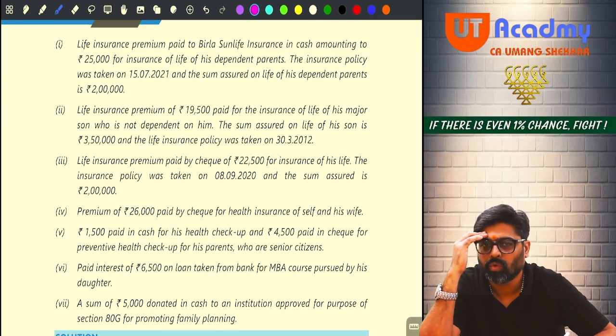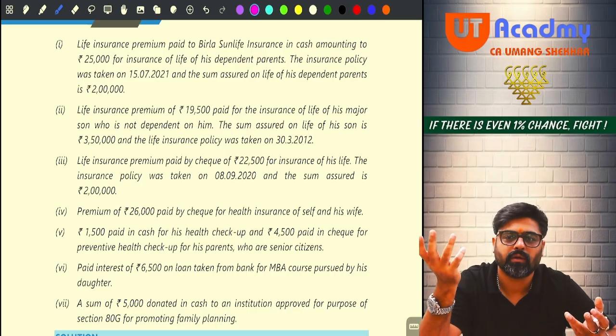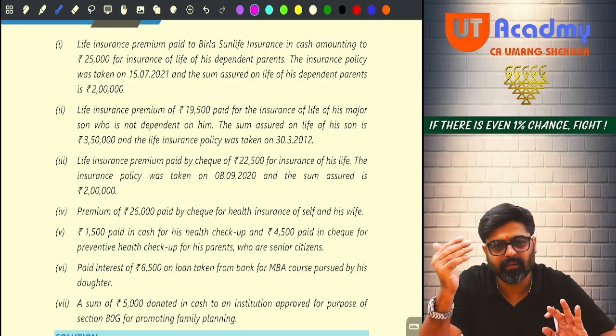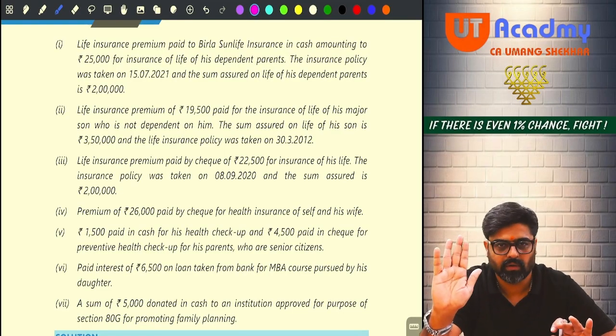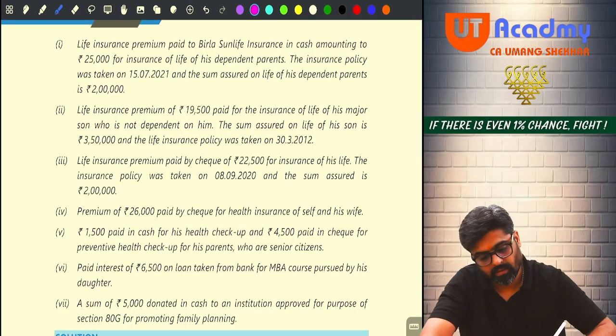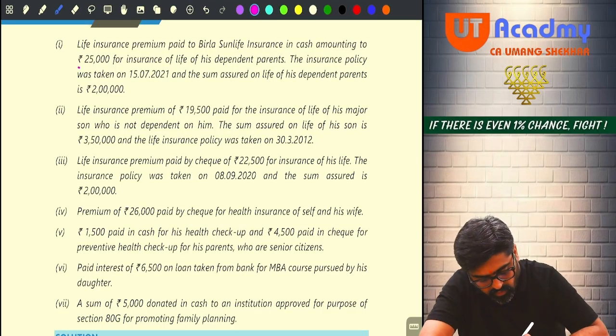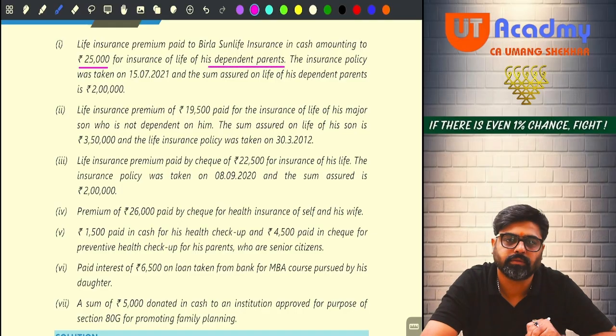Life insurance premium in cash. So what? No problem. Even if it is paid in cash, life insurance premium is allowed. Okay. But wait, still it will not be allowed, because 25,000 you have paid for dependent parents.